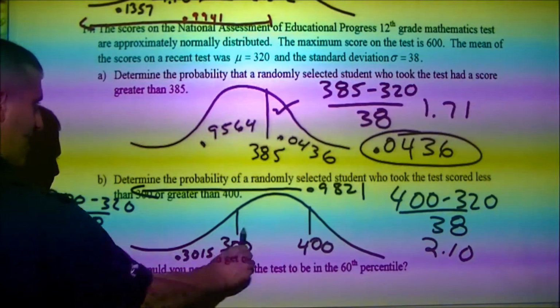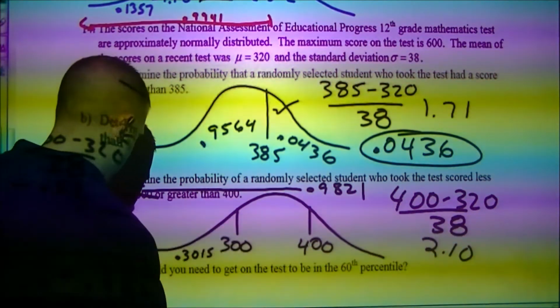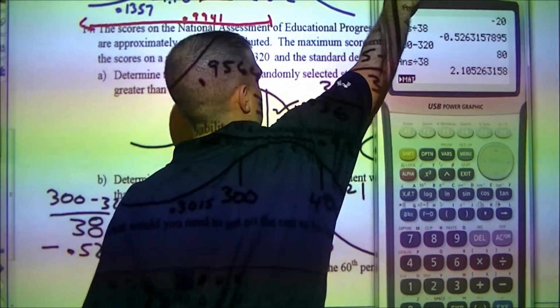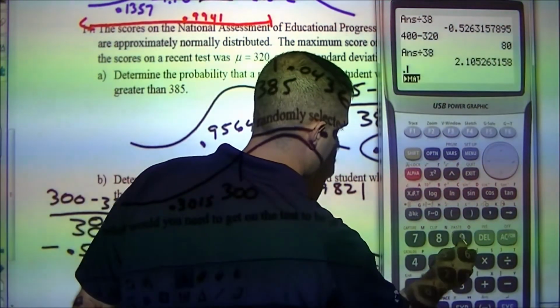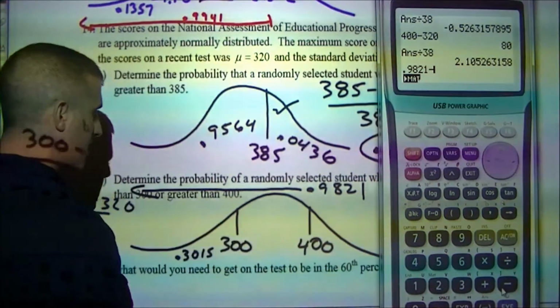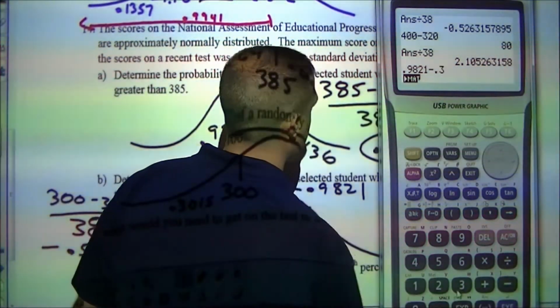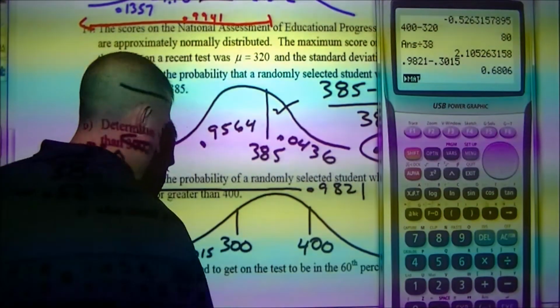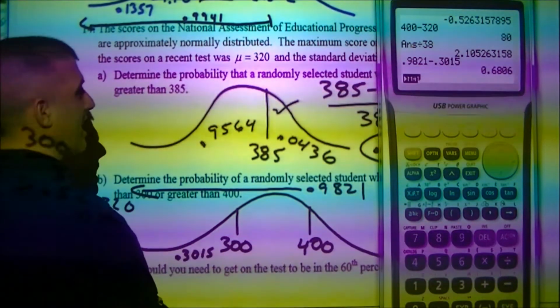So what I've got to figure out is how much each individual part is. I've already got this part, 0.3015. If the whole thing is 0.9821 and I take that away, the middle is 0.6806.